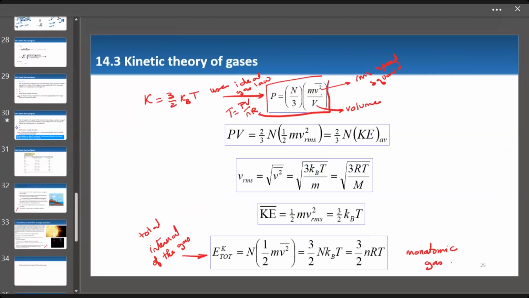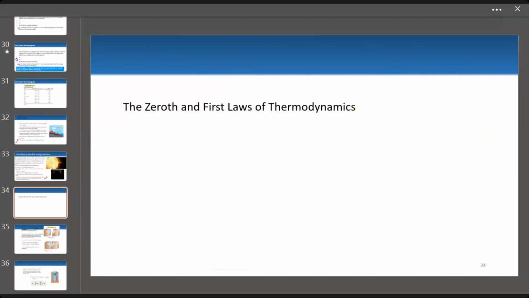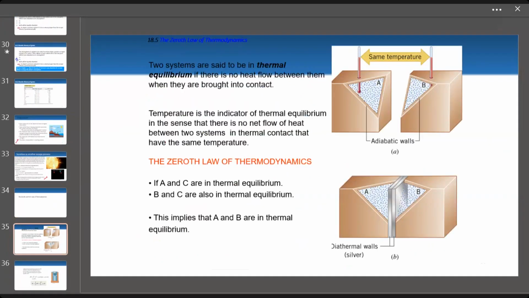So what I'm going to study next is the zeroth and first laws of thermodynamics, which are laws that govern exchange of energy and equilibrium. Namely, the zeroth law is very easy. It tells us that two systems are in thermal equilibrium if heat doesn't flow between them when they are put in contact. You can check these two containers, A and B. A and B have the same temperature.